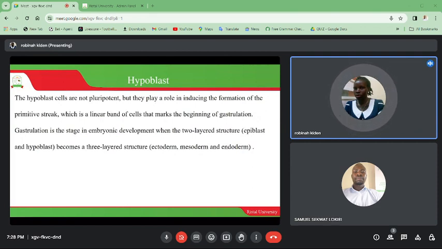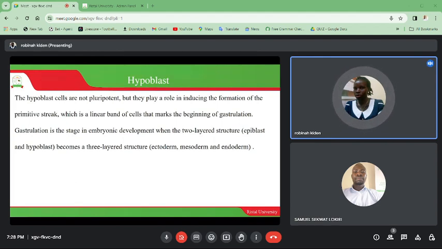That means that they cannot differentiate into any cell of the body, but they play a role in inducing the formation of the primitive streak, which is a linear band of cells that marks the beginning of gastrulation. Gastrulation, we have talked about it.